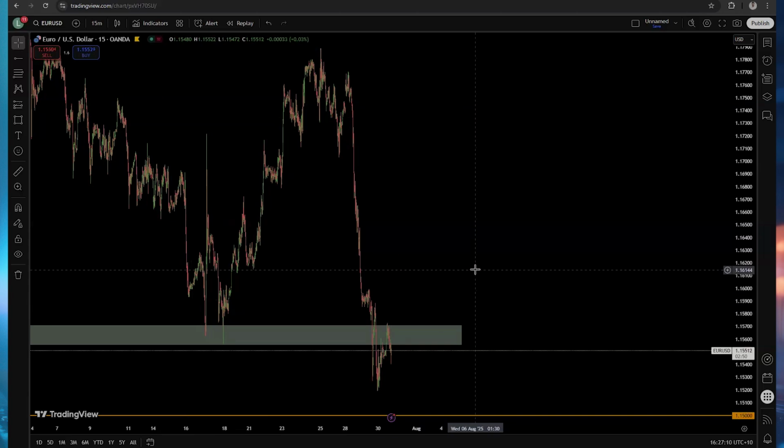So I strongly believe in the possibility of US dollar continuing to have more strength against currencies like Japanese yen, Australian dollar, pound, euro, all of those developed economies around the G10 group. It's quite a big possibility. So most likely we will continue to see a decrease in euro dollar.